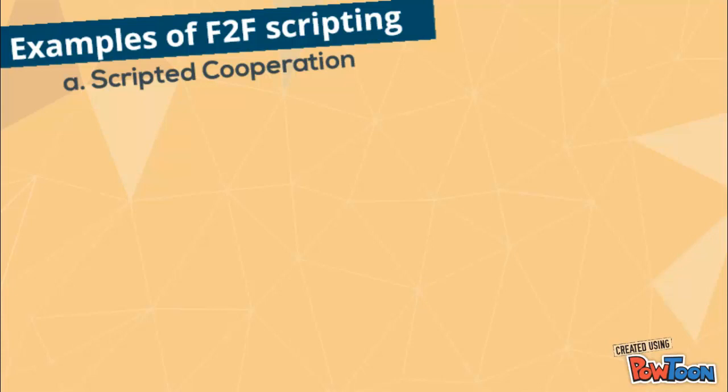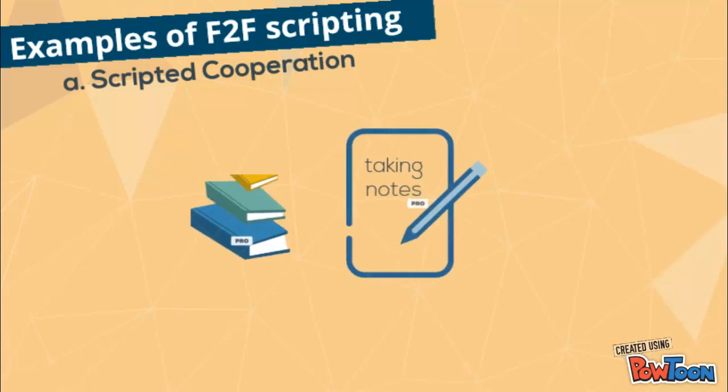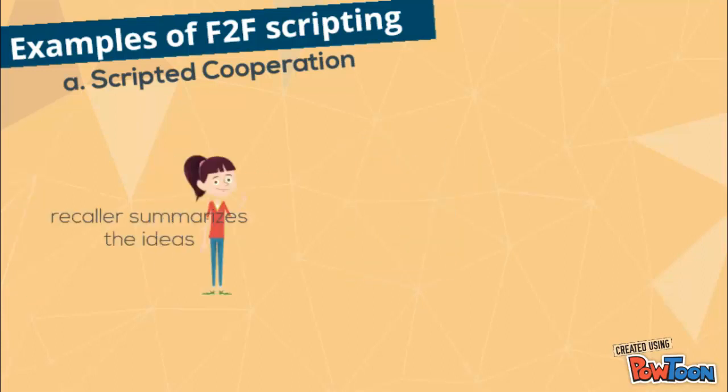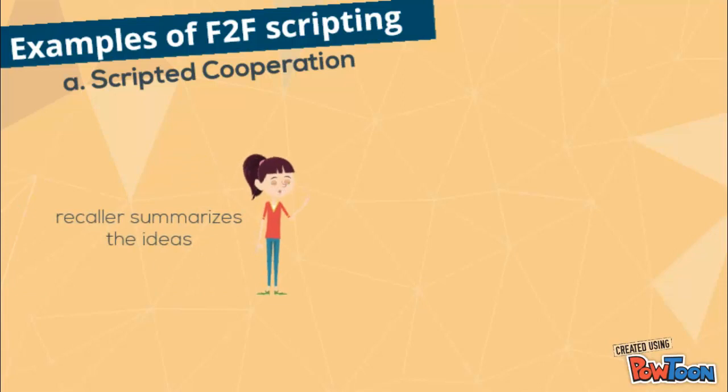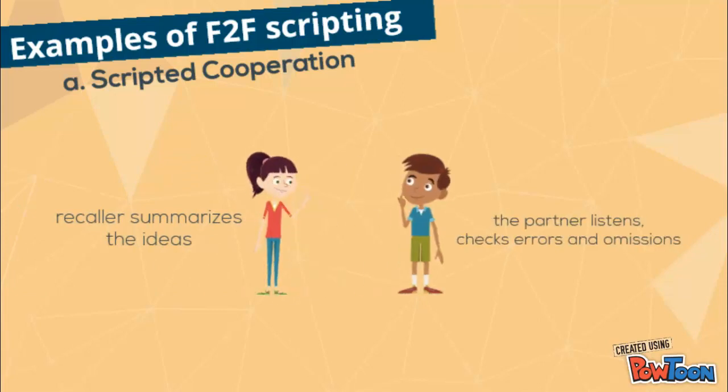For instance, first, both partners read material or listen to a lecture and take notes. Then the one acting as a recorder summarizes the main idea of the material orally, while the partner listens and checks for errors and omissions. When the recorder has finished summarizing, the listener provides feedback on errors, distortions, and material omitted.